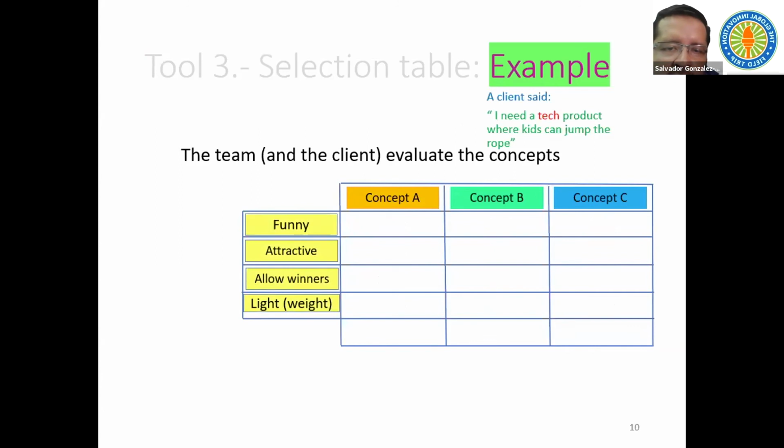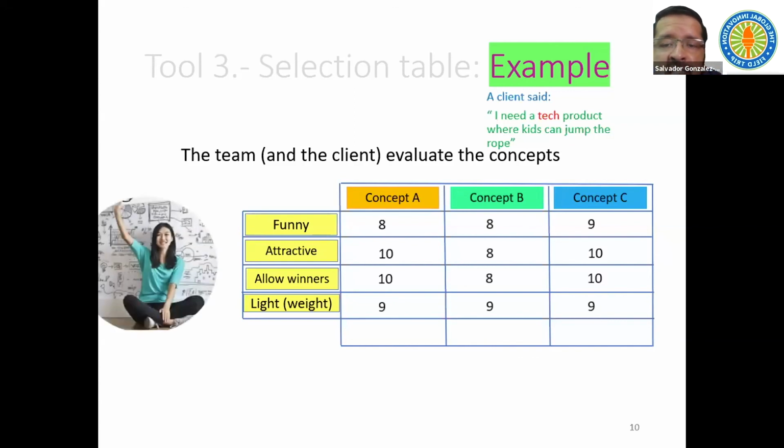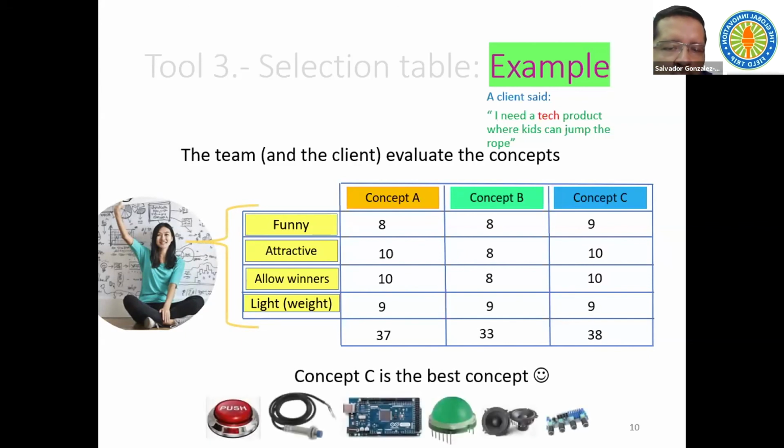As I mentioned, the attributes are those that are shown there, and here are the scores obtained by each of the concepts. You can see the scores of each one. And what do we have? That concept C is the best concept. And obviously it will have some of these elements and also some others that I didn't show here for simplicity.